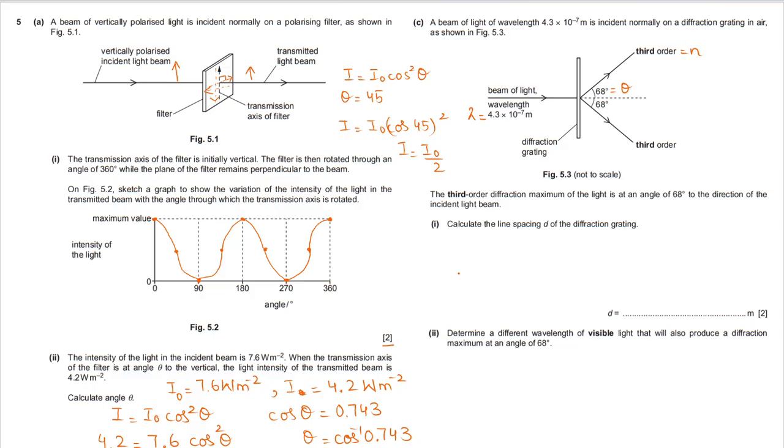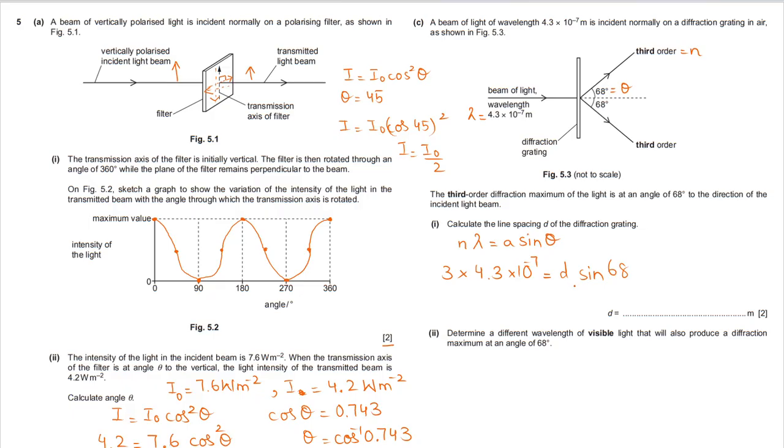Okay, so what was the formula? The formula is n lambda equals d sine theta. d is actually the line spacing, n is the nth order, which is 3. Lambda, the wavelength, how much is it? 4.3 times 10 to the power of minus 7. The line spacing is d, so d times sine of the angle 68.